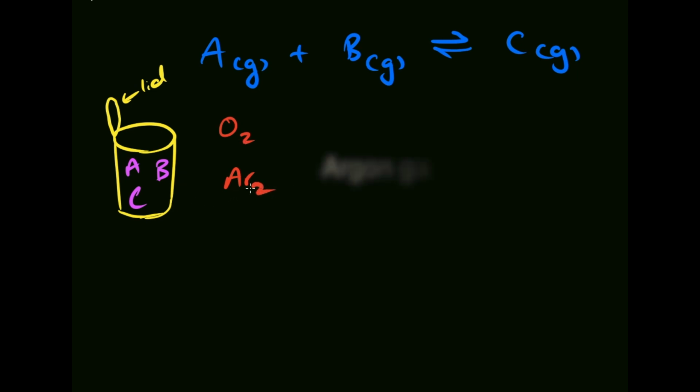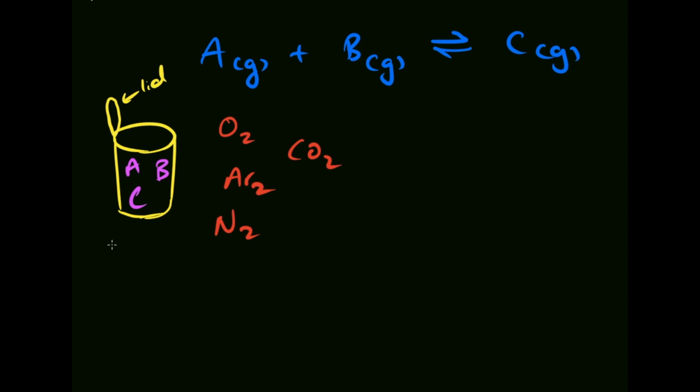There would be nitrogen gas, and many more. And there will probably be some pollutants as well, so carbon dioxide, etc. What happens is that these gases which surround the system would actually get in.